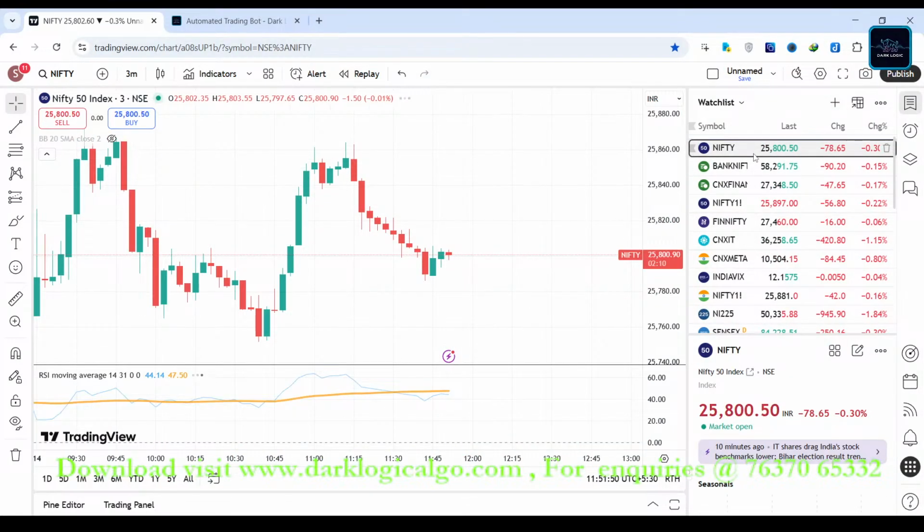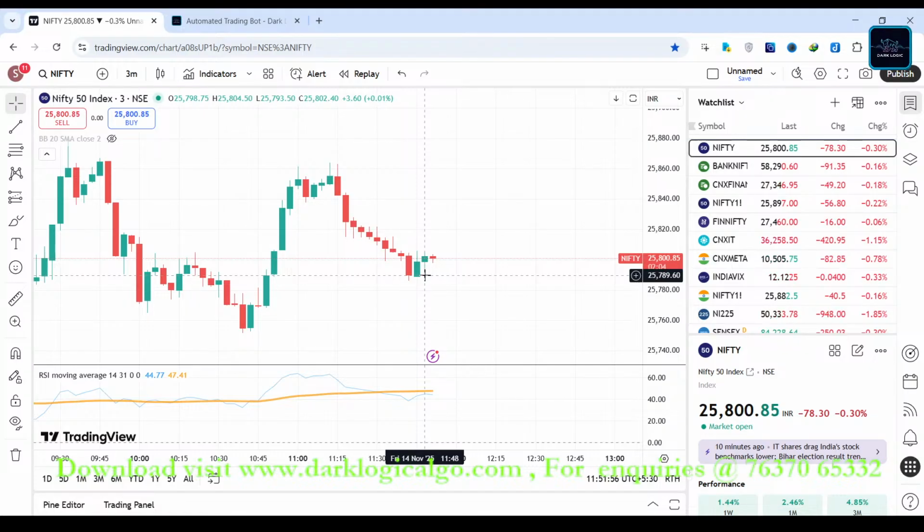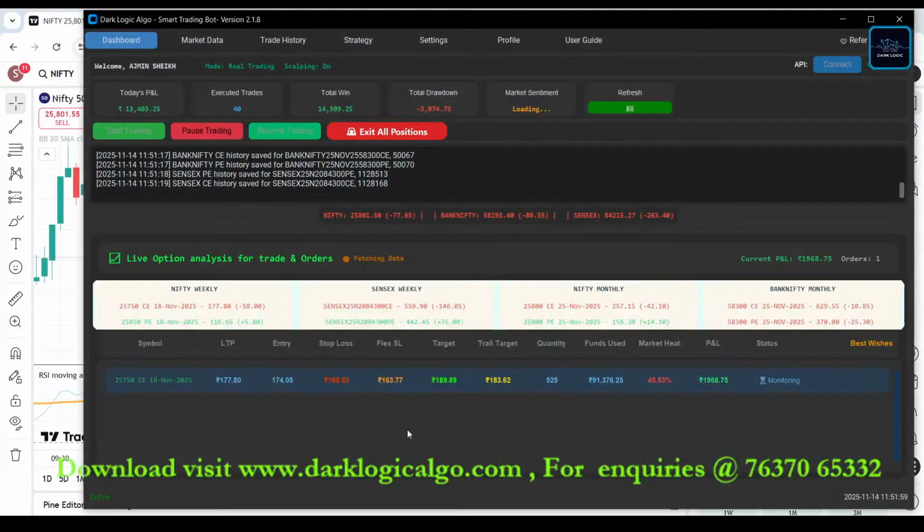After the downward trend, the market is moving upward, so it tries to catch the upward trend. Sometimes you should let the market settle.